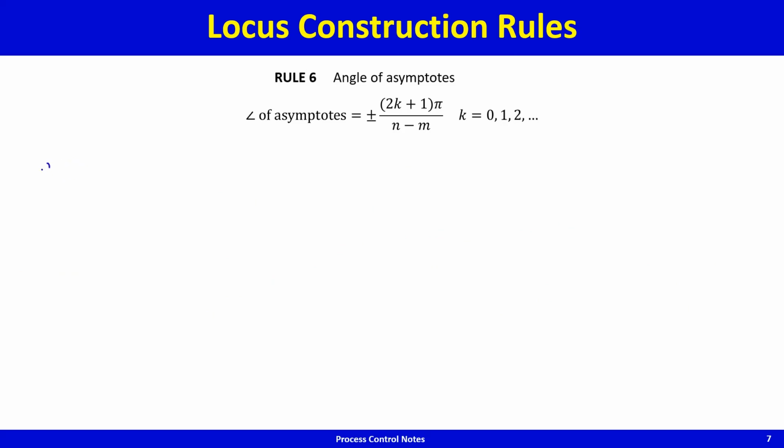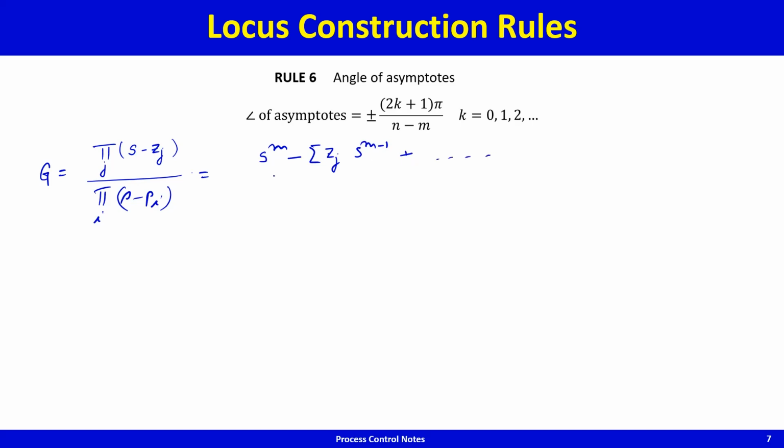So we have G is equal to the product over j of (s minus zj) divided by the product over i of (s minus pi), and this will turn out to be a polynomial: s to the power m minus summation zj times s to the power m minus 1 plus other terms, over s to the power n minus summation pi s to the power n minus 1 plus lower order terms.